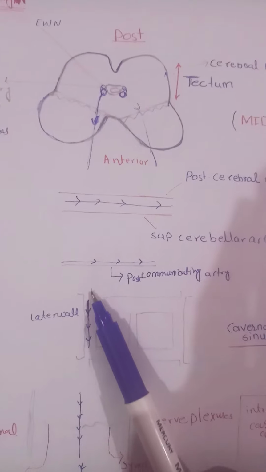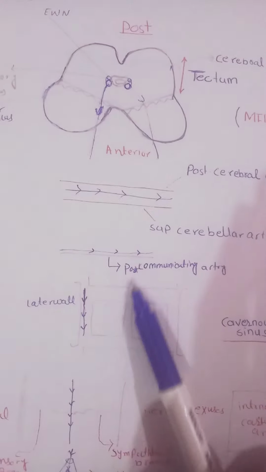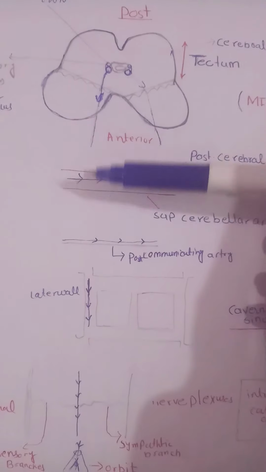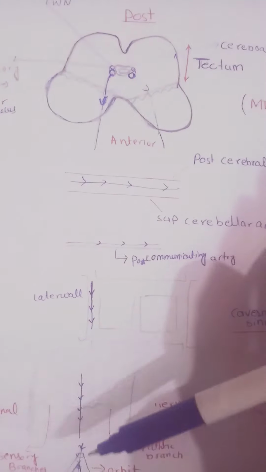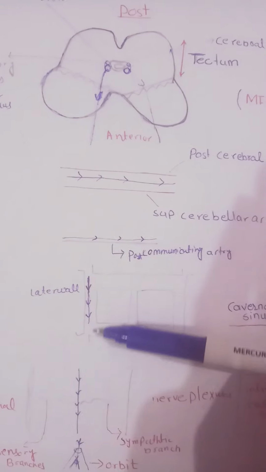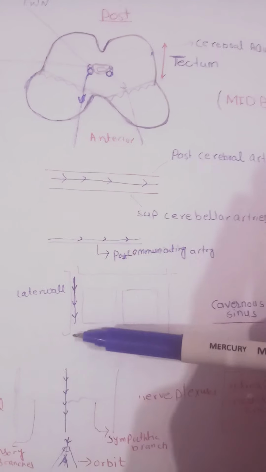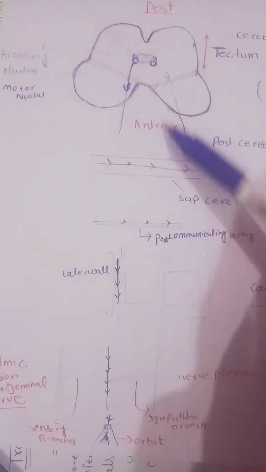Then it enters the cavernous sinus, in the lateral wall of the cavernous sinus. This is the pathway of the cranial nerve from where it originates to where it enters the eyeball.